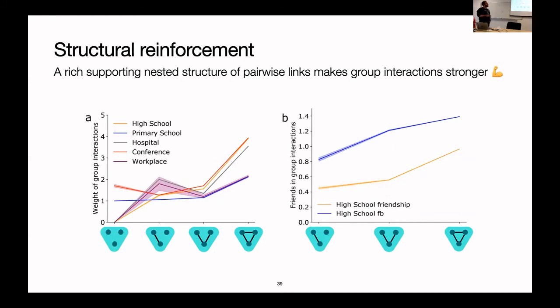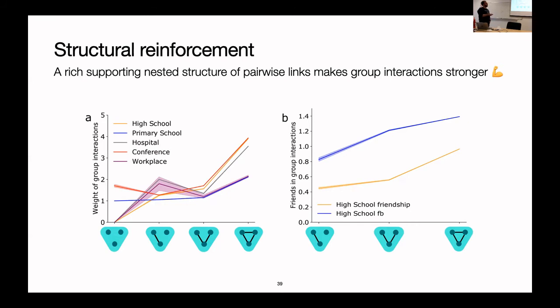In this case, what we were interested in was, we have these group interactions. We can also measure how many times every group interaction occurs in a network, so the same interaction, and weight that interaction. We see that there is a trend between the number of nested pairwise links inside a group interaction and how many times that group interaction happens inside a network.